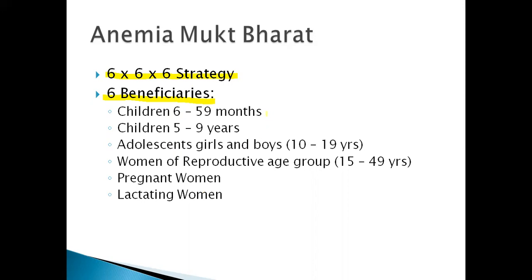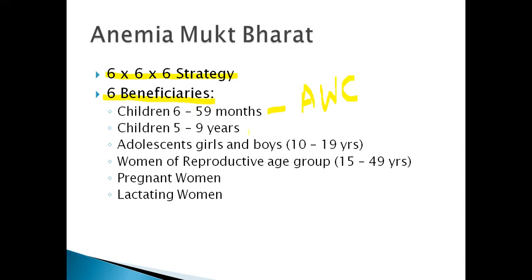But what is expected from a resident is that you should establish relationships when you are studying and trying to learn from content like this. These children aged 6 to 59 months are basically your Anganwadi beneficiaries.